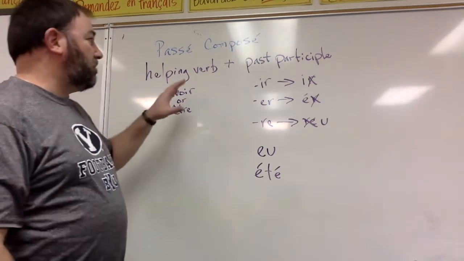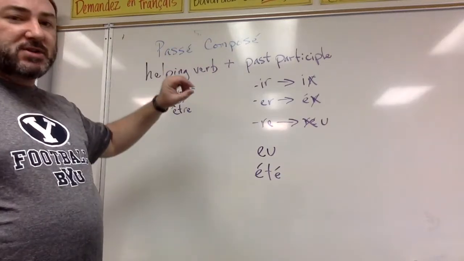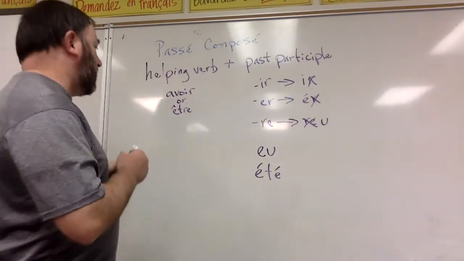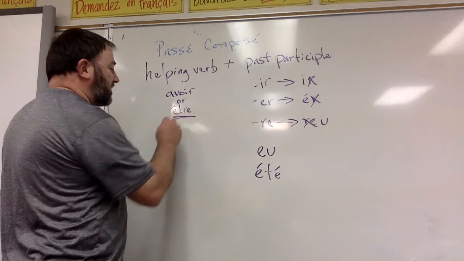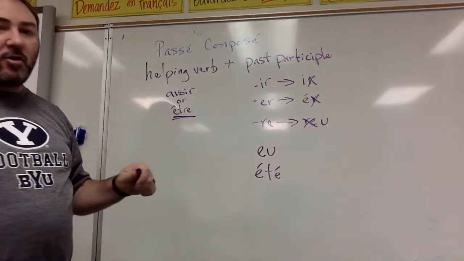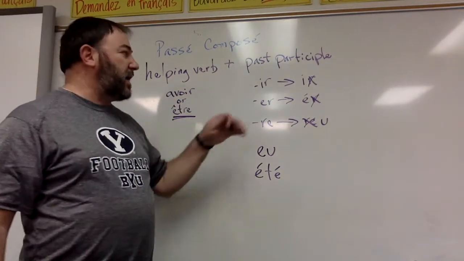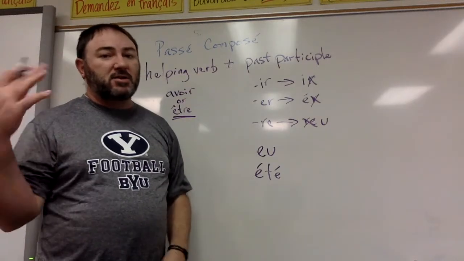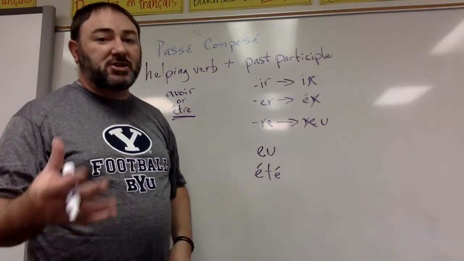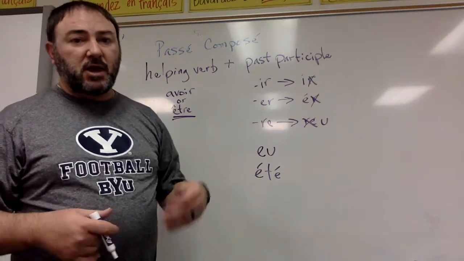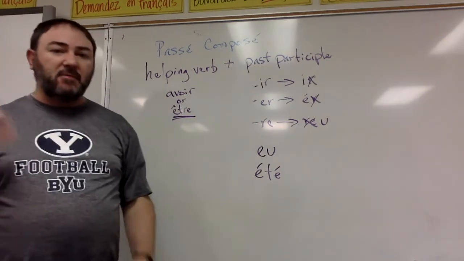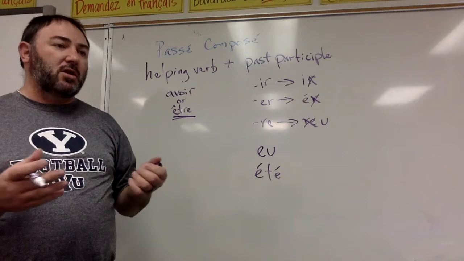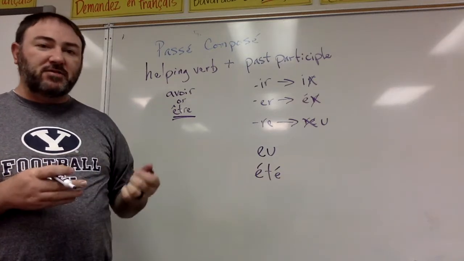Now, what you need to remember as you're doing this passé composé is that when a verb uses être for passé composé, you must make the past participle agree with the subject. Now, it's the same way that we do with adjective agreement. Okay, we remember I had a past video on that, so we should all remember how to do adjective agreement.